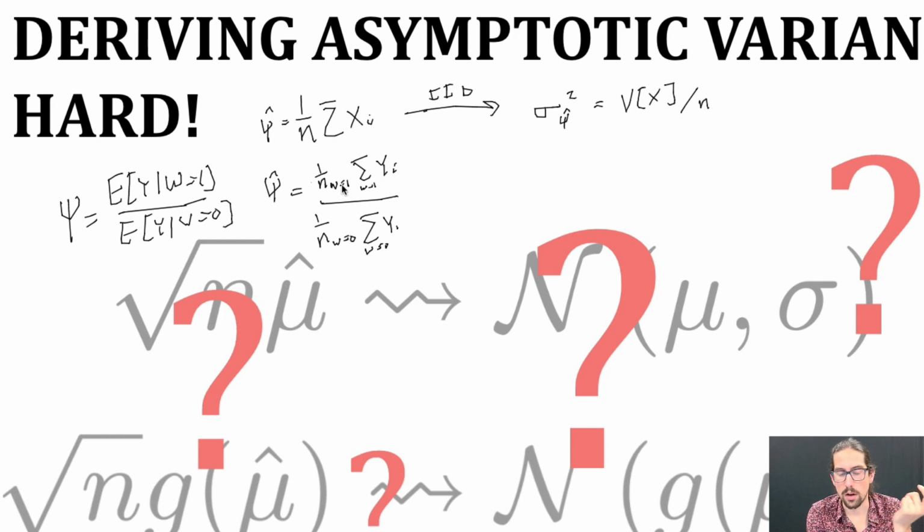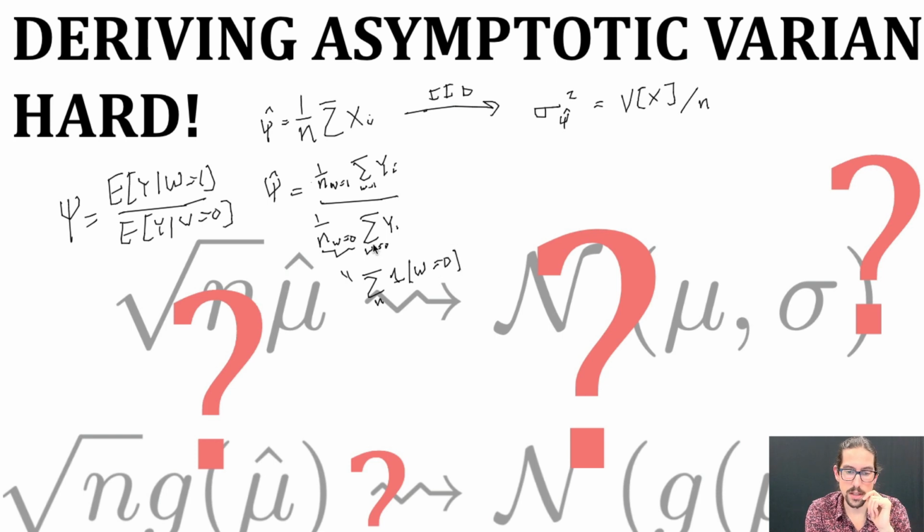This is kind of complicated already because we have the ratio of two sample means rather than a sample mean. And then really we actually have 4 sample means, because this count here, 1 over n, n_w equals 0, I can express as the sum of an indicator over all n, where w equals 0.